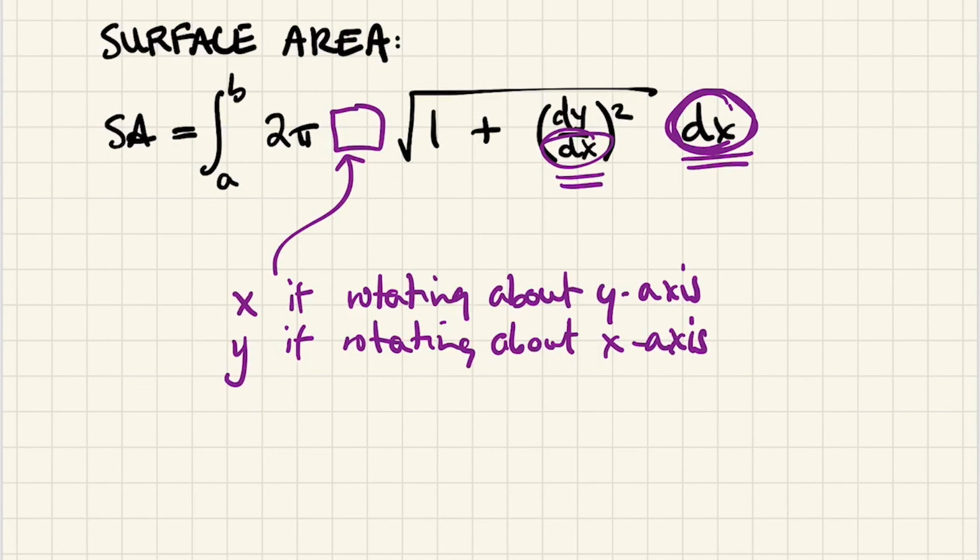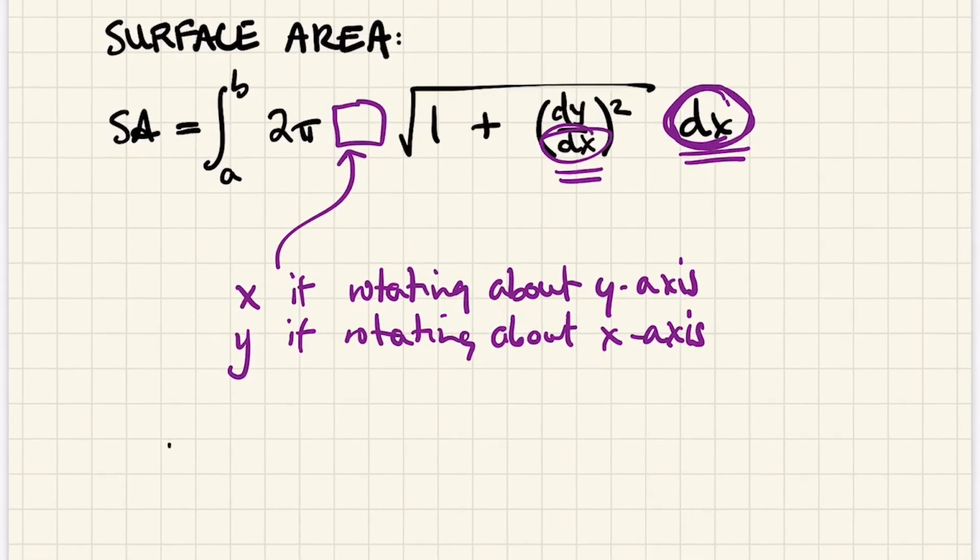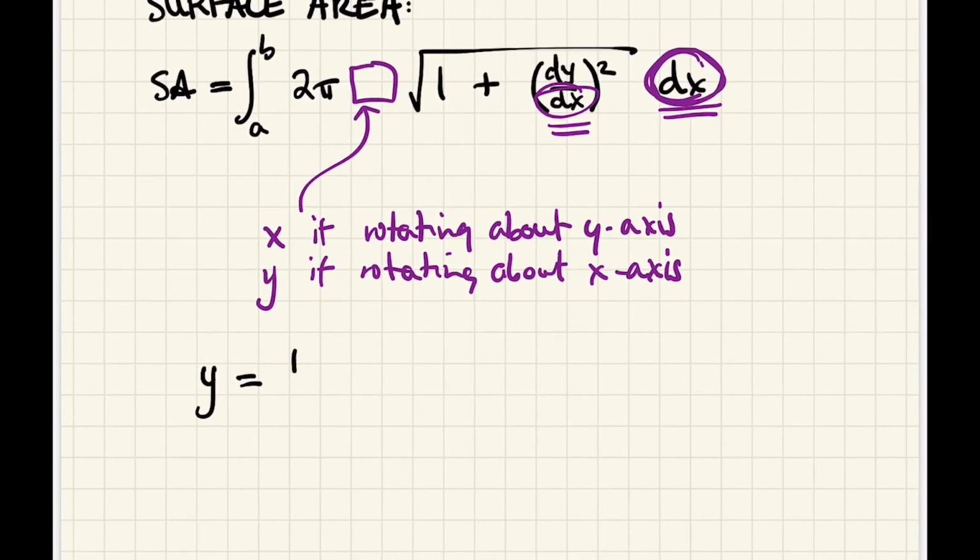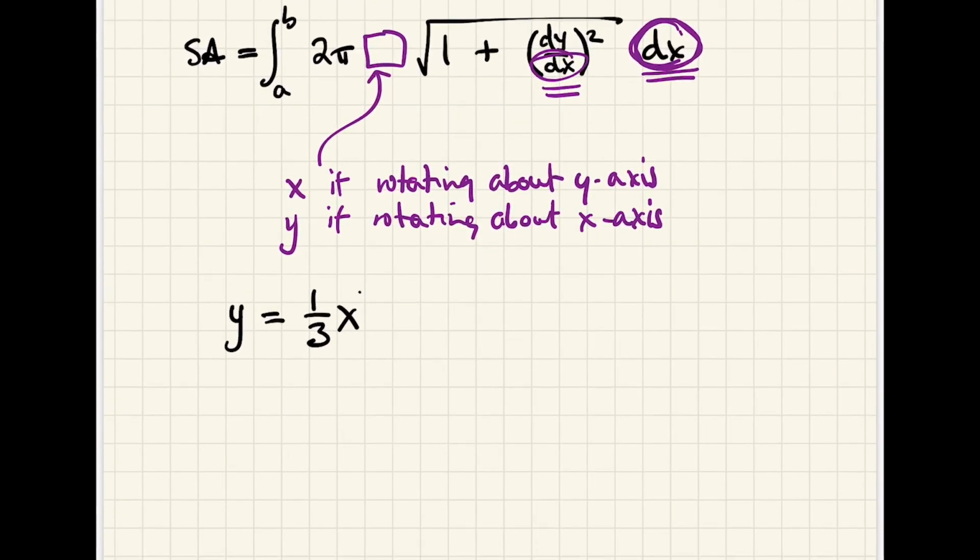Okay, find the surface area here of y equals 1/3 x cubed, and the bounds you were given were 0 to 1. And we're rotating about the x-axis.